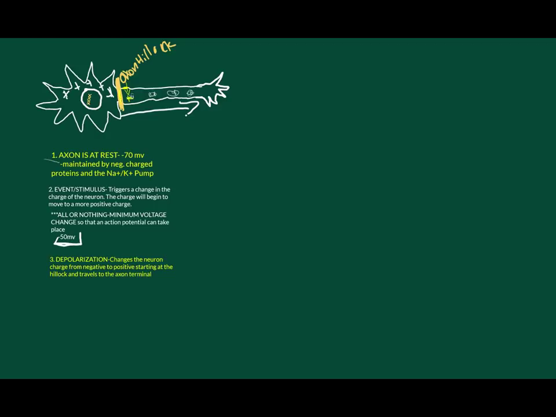And once it's positive in this area, then once again, it's like a domino effect. Right next to it, the channels will then open, allowing more positive ions to come into this axon area, changing it from negative to positive. And then it's just going to go all the way down the axon. It's going to start turning positive all the way down.